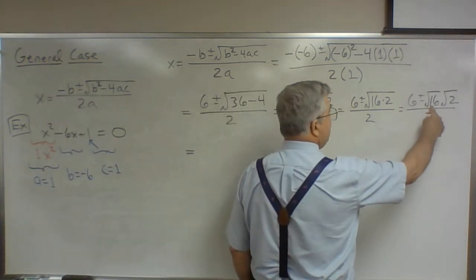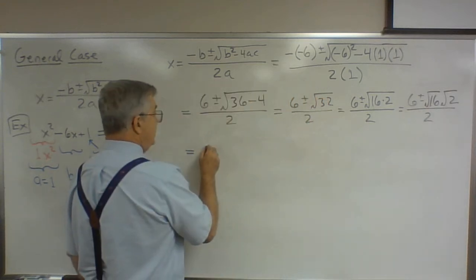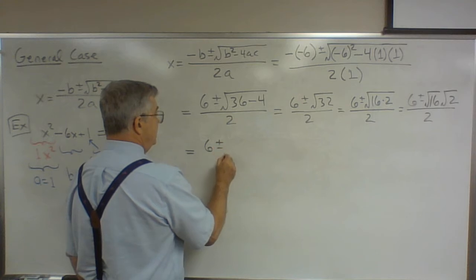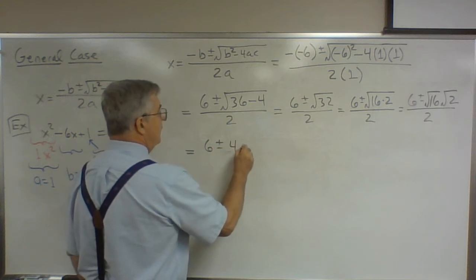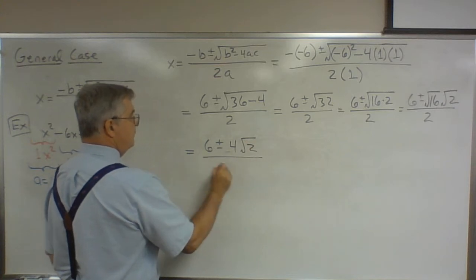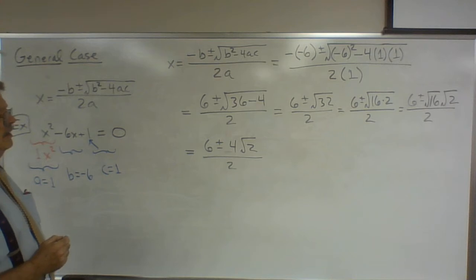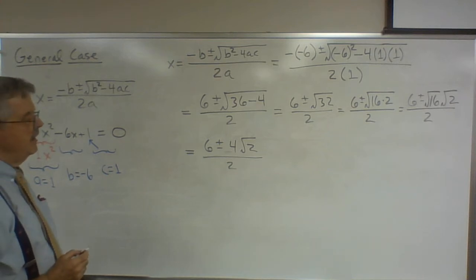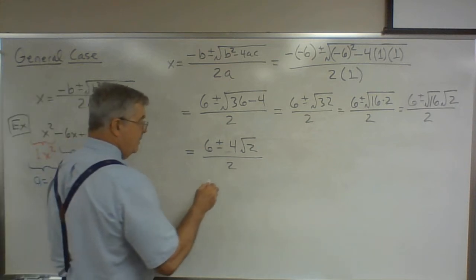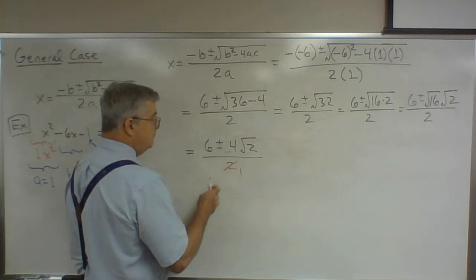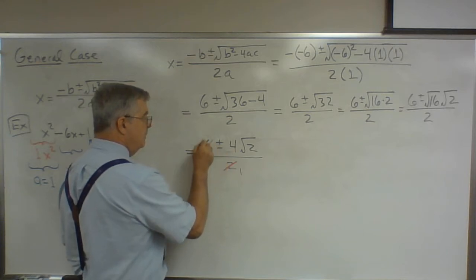And this is the square root of a perfect square, 16. So we have 6 plus or minus the square root of 16, which is 4, square root of 2, all over 2. And we can divide the bottom by 2, provided that we divide every term of the numerator by 2.